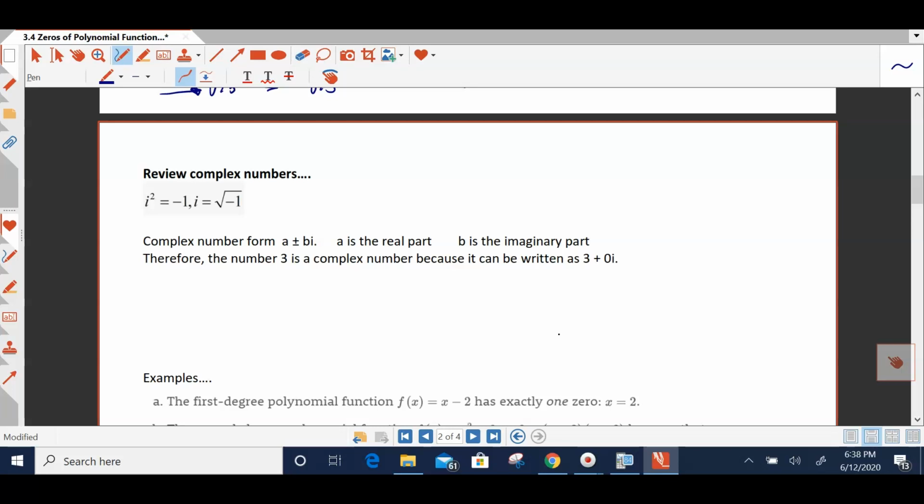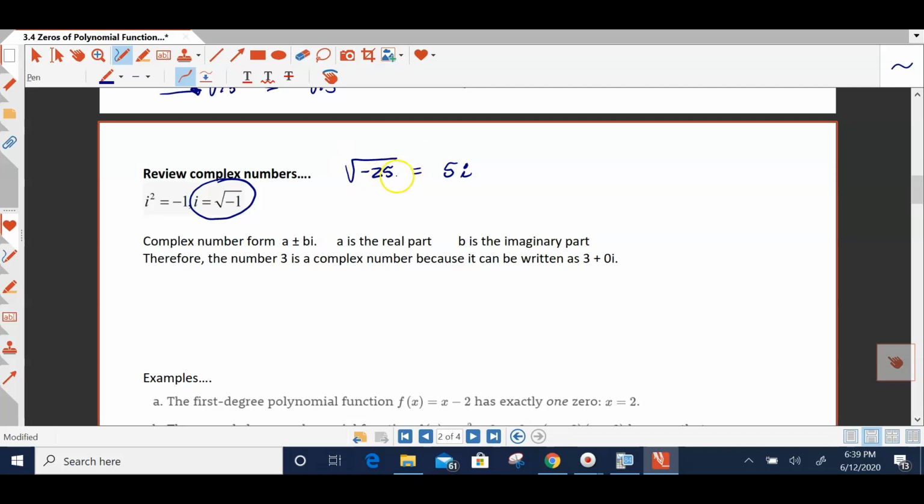So i comes from the definition of the square root of -1. If I had the square root of -25 in the real number system, that doesn't exist. But in the complex number system, we would call that 5i.